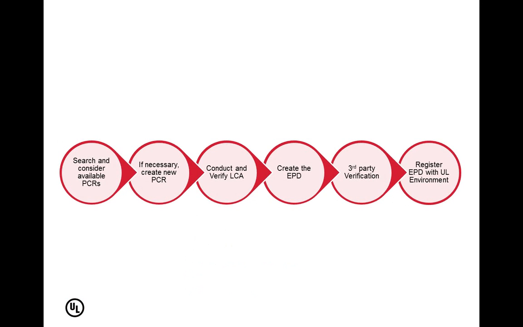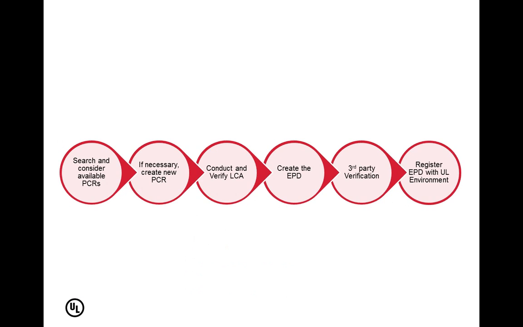To create an EPD, first one must search and consider available product category rules. If there's not a product category rule available, one must either create a new PCR or modify an existing PCR. The next step is to conduct and verify a life cycle assessment. From there, the EPD is created.